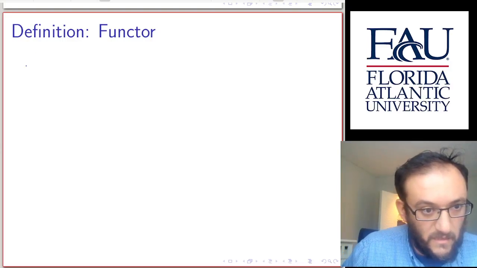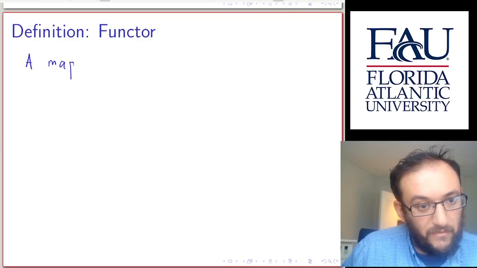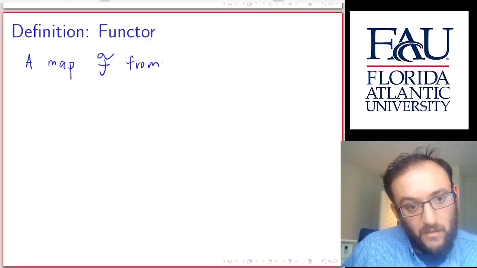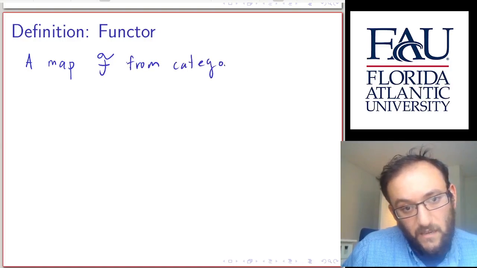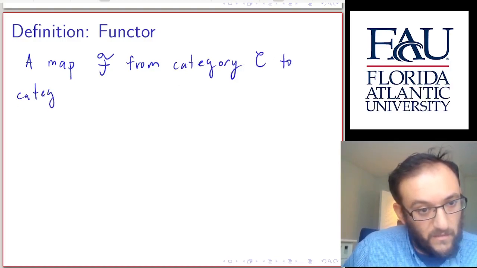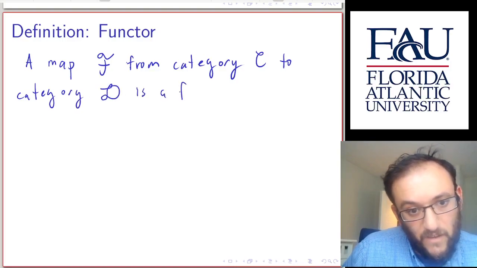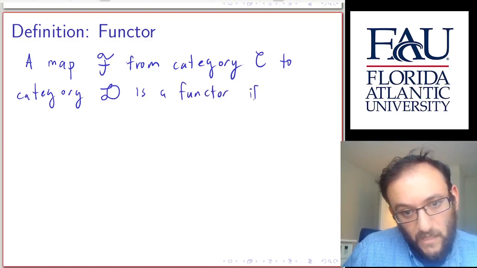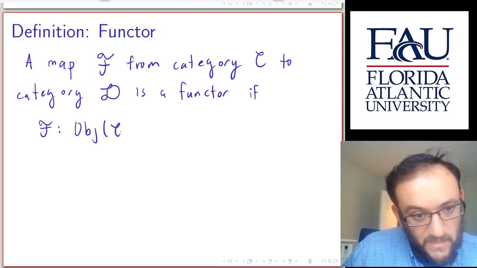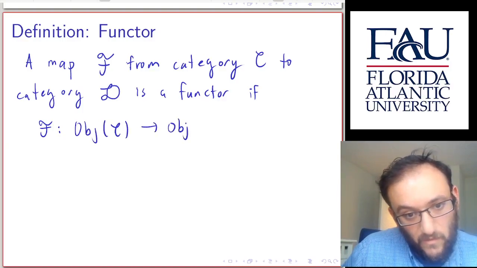We say a map F from category C to category D is a functor if you have a map first of all, from objects of C to objects of D.